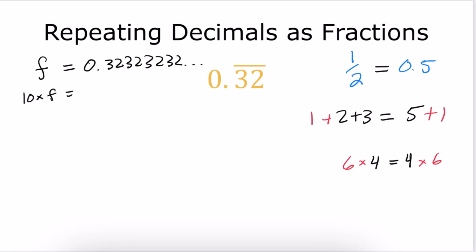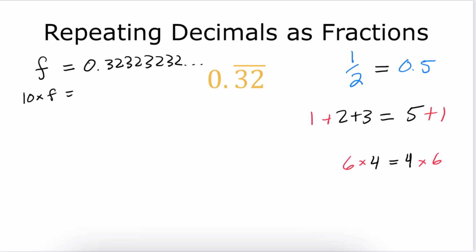And your students might say something like, well, we don't know what that equals because we don't even know what f is. And you could say, yeah, we don't know what f is. However, we do know that f is equal to this big long decimal. And if it's equal to that big long decimal, then 10 times f would have to be equal to 10 times that decimal.